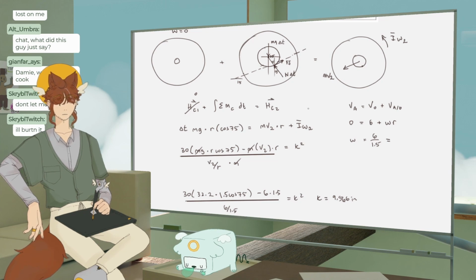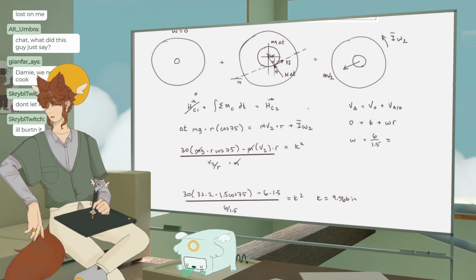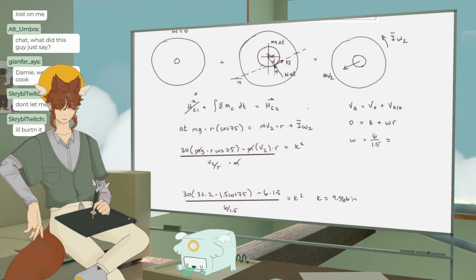Did I mess up I-bar? No, I-bar is k squared. Unless 92 is somehow 2 feet, which I guess I could just check. Nope, that's 7 feet, so that's not right. It has to be way bigger, I guess.